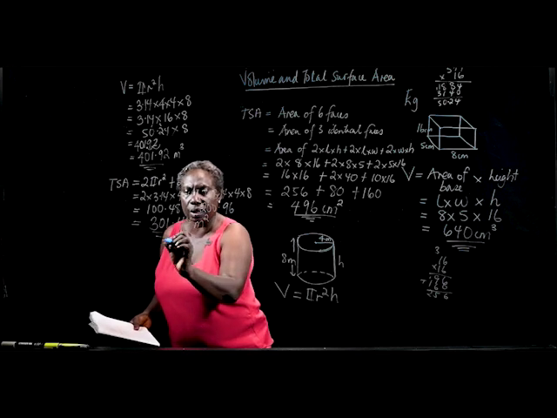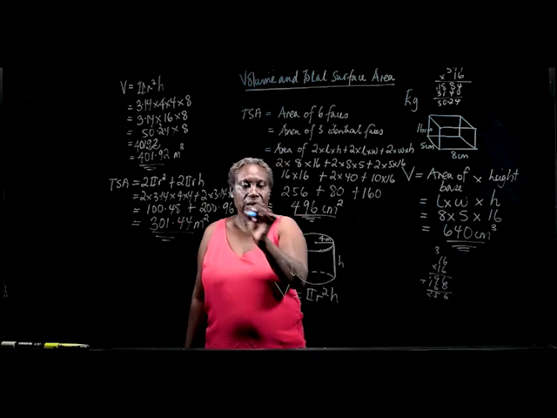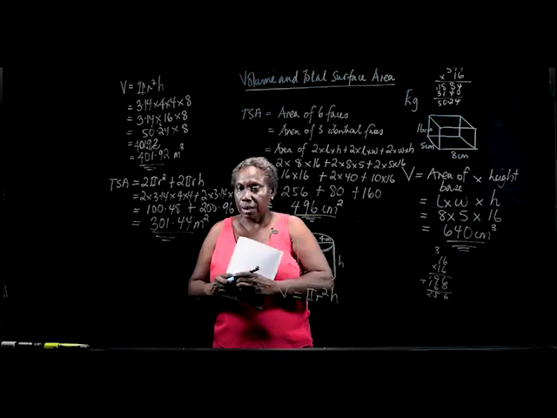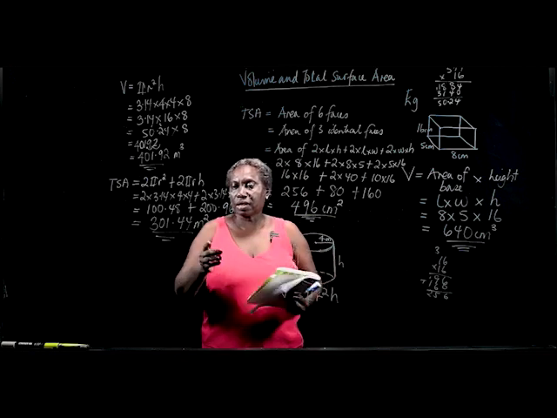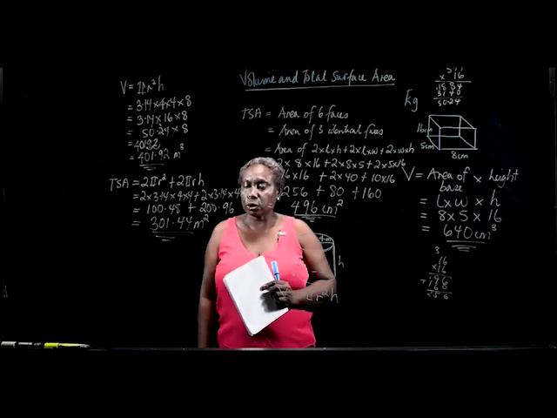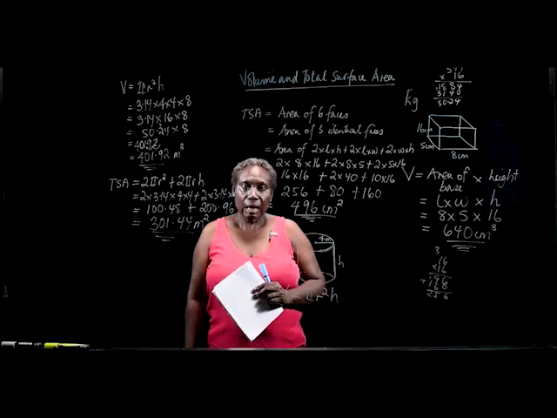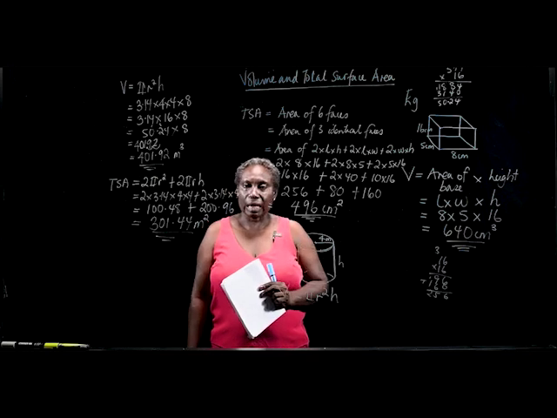Okay, that is the total surface area of a cylinder. Now, the total surface area is always in square units. Therefore, the total surface area of a cylinder is 301.44 square meters. Okay, that brings us to the end of our lesson.